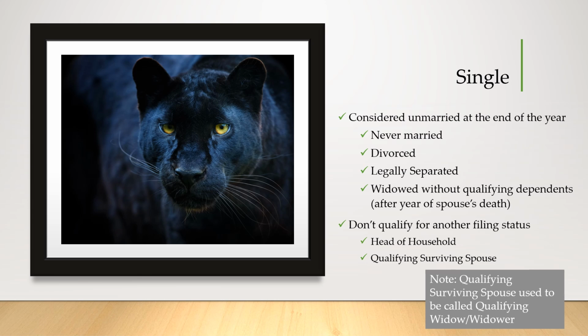So if they don't have those special circumstances and they are a widow or widower, they're still going to be filing as single. So again, our special statuses are head of household and qualified widow or widower. If they don't qualify for those filing statuses and they are considered unmarried, they will be filing single for this year.